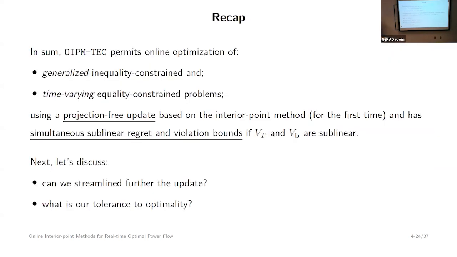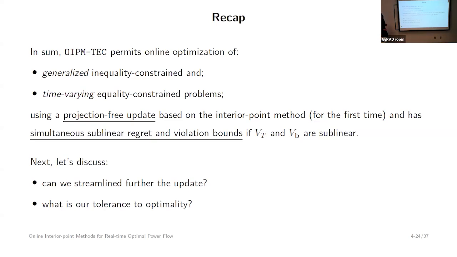Great. So in sum, if we look back at what we did, we have an algorithm that permits online optimization of generalized inequality constraint problems. We can also tackle time-varying equality constraint problems, and it uses no projection in the process, as it is based for the first time in the literature on an interior point method approach.